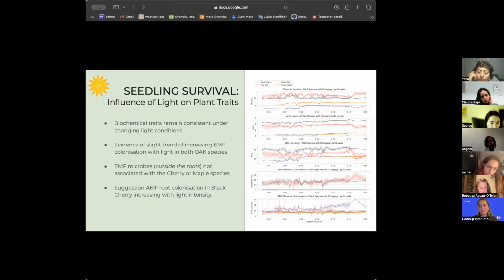To note, not all plants have the same associations. The sugar maple and the black cherry don't have any EMF microbes, whereas all the other ones do have AMF. So it shows that plants might have different microbial associations.